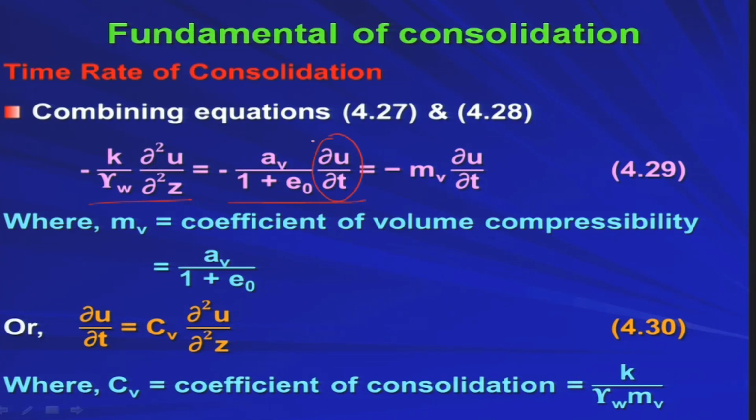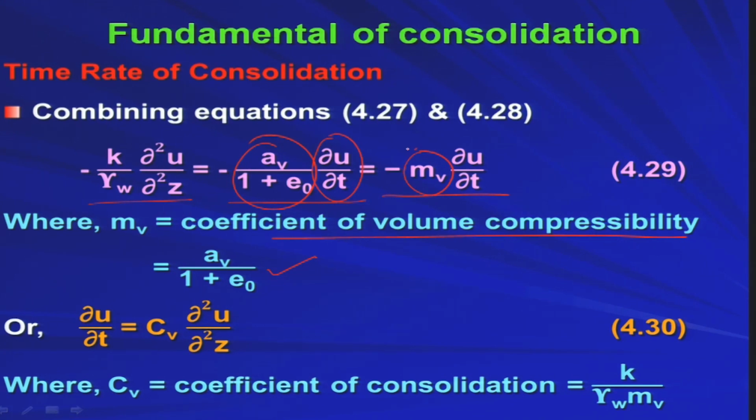In place of del e del t we can write minus a v into del u del t, which is nothing but equal to minus m v into del u del t, where m v is the coefficient of volume compressibility and is equal to a v by 1 plus e naught. That is known as the coefficient of volume compressibility.